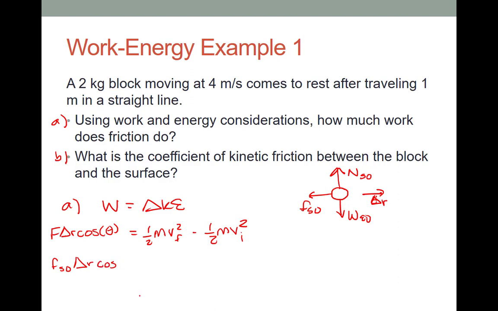The angle, let's actually plug in numbers, shall we? We know it travels 1 meter. The angle is 180 degrees because the force of friction and the displacement point in opposite directions. The mass we're told was 2 kilograms. Final speed is 0 because it comes to rest.